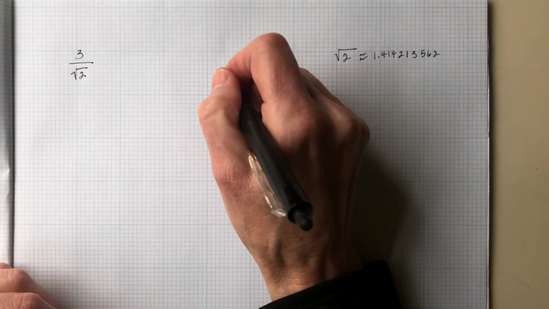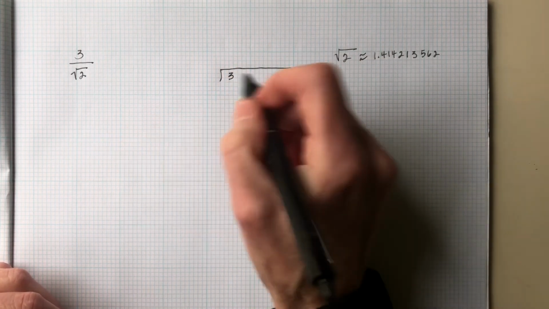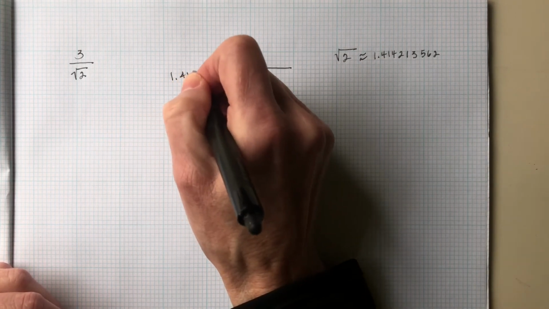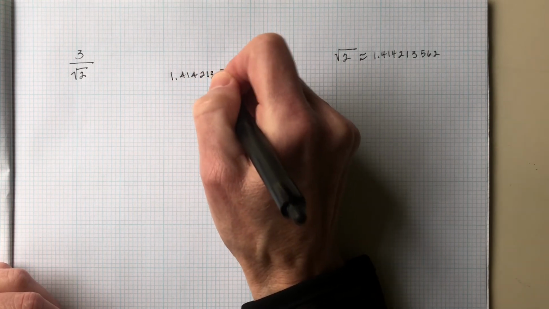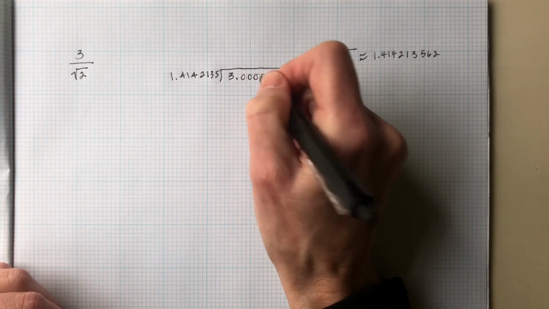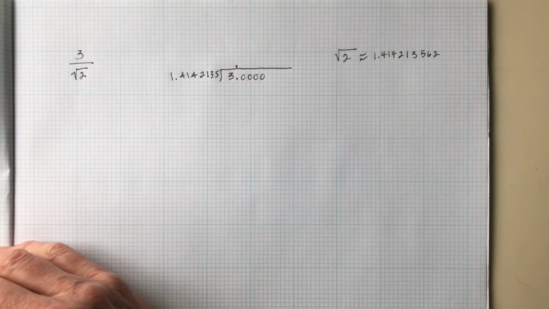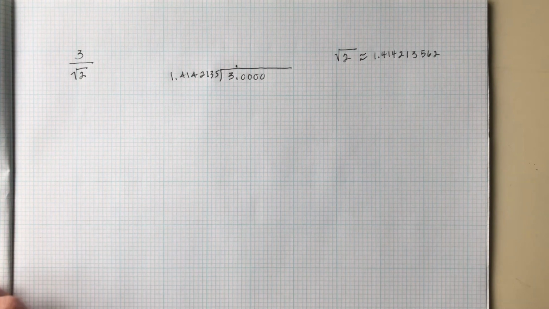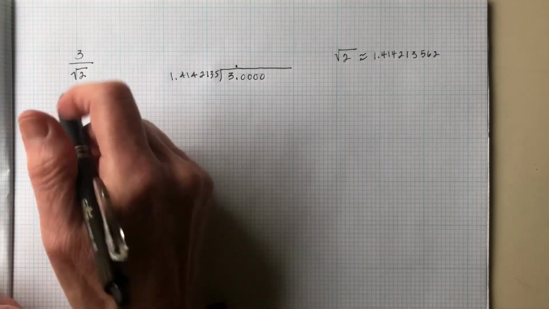Let's see, I'm dividing something into 3, but it's going to be 1.4142135. I'm running out of room, into divided into 3 point, and it's like, oh, okay, I mean, I could do that, but I don't want to do that because I'm lazy. So rationalizing was really a shortcut in a way, because think about this.